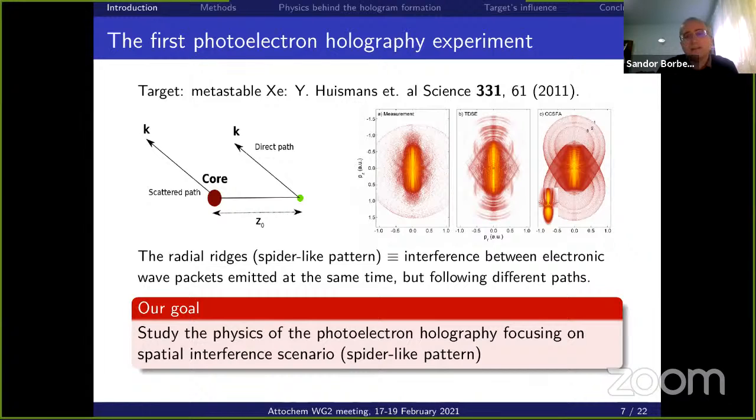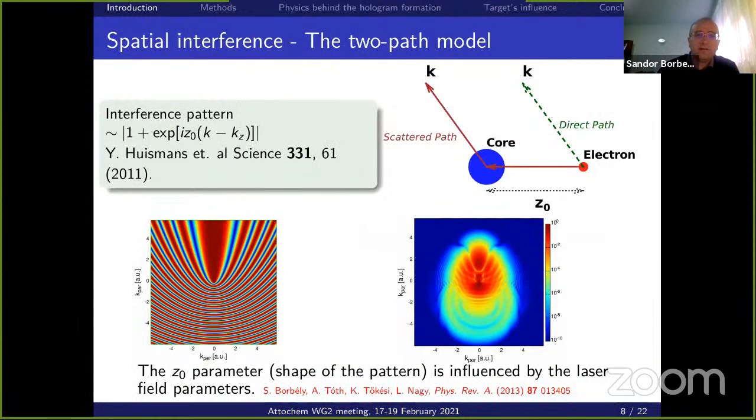In the last few years, we spent quite a lot of time investigating these interference effects, namely this spider-like photoelectron holography.